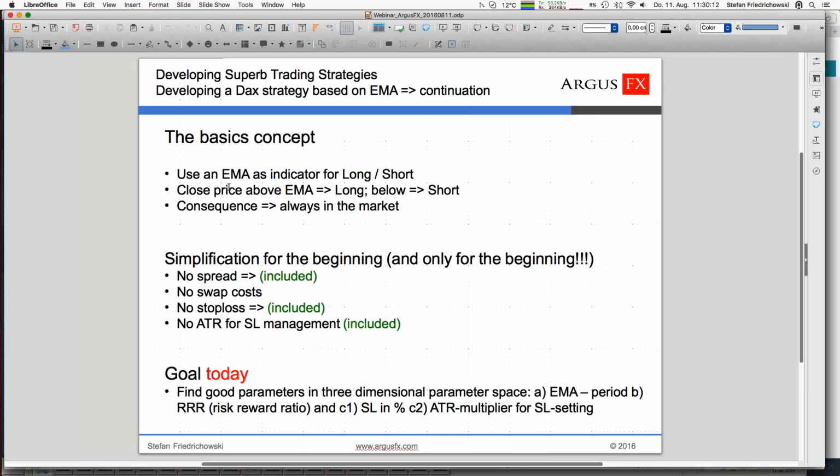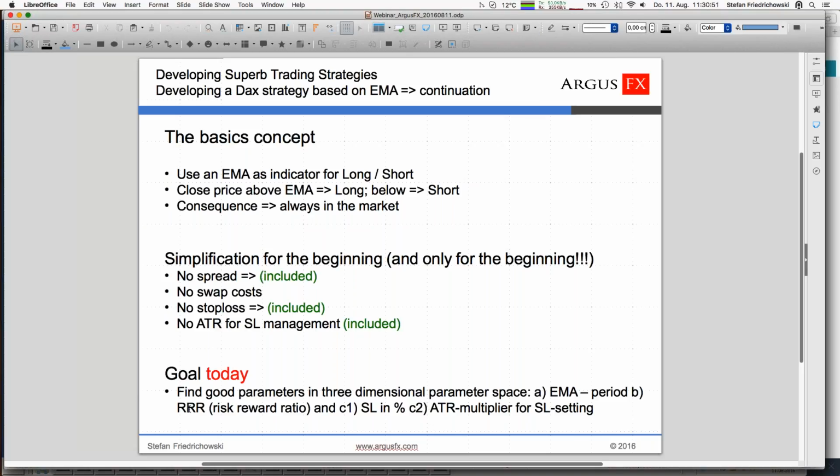What we have now is two Excel sheets with three open parameters. The three open parameters are the EMA period, then the risk reward ratio for the take profit, and then two sub-strategies: one dealing with a stop loss in percent of the value we trade, and sub-strategy 2 is just an ATR multiplier for our stop loss setting.